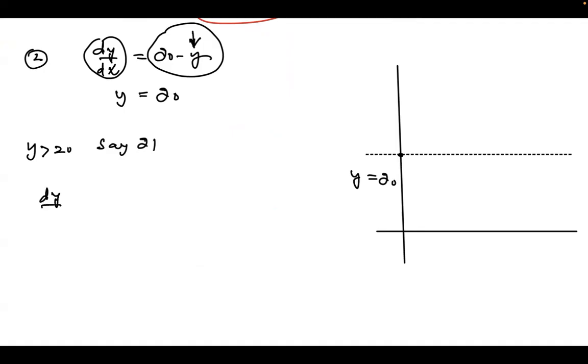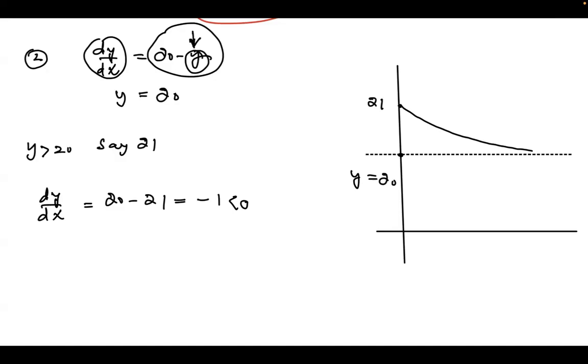If you put this in the differential equation here, 20 minus 21 is negative 1, which is less than 0. It means if you start with 21, you should decrease. This is what this condition says.